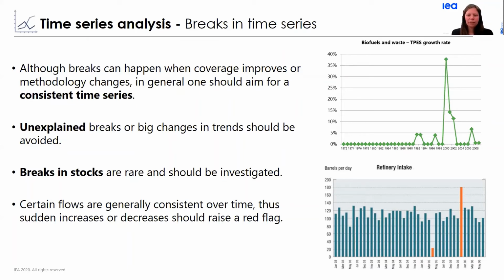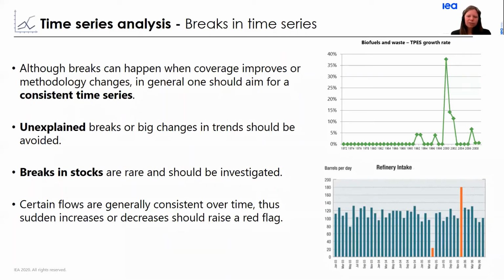And in that case, we would consider going back to the data provider and ask what is the reason for this break. We have a good example on the right side of the graph, in the bottom, the refinery intake in barrels per day. So we have the time on the x-axis, and we see two big outliers. One is in April 2005. This is much lower, and one in December 2005, much higher.